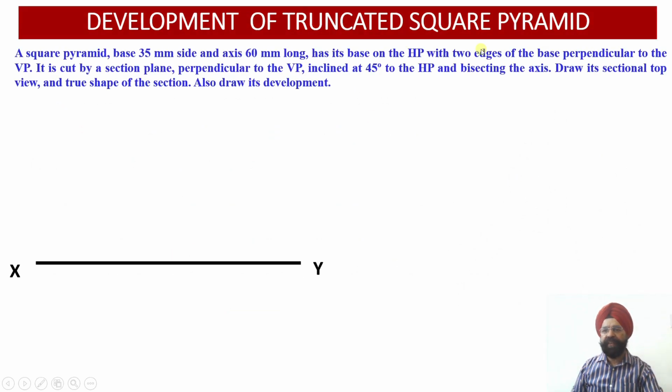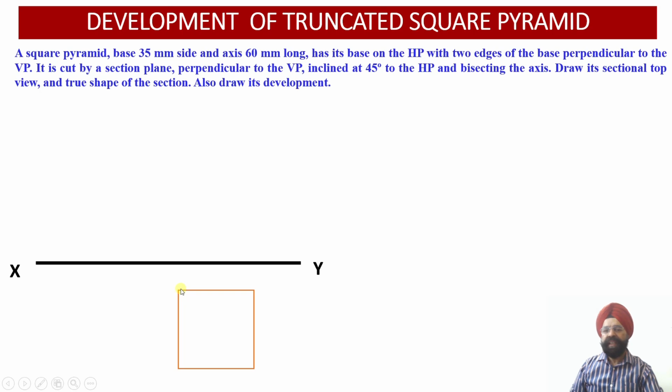Since we are given that two edges of the base are perpendicular to VP, in a way the other two will be parallel to the VP. So these two base edges are perpendicular to VP, and the other two will be parallel to the vertical plane.